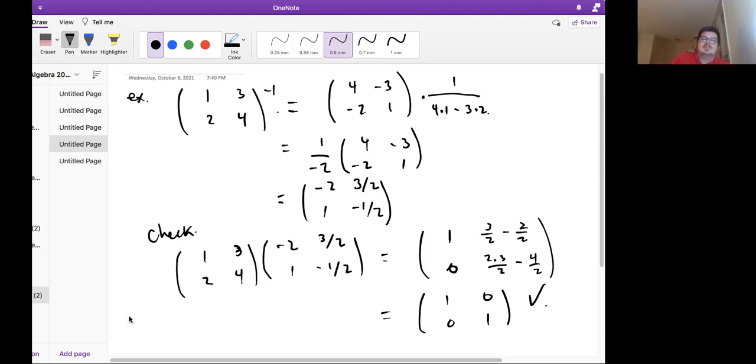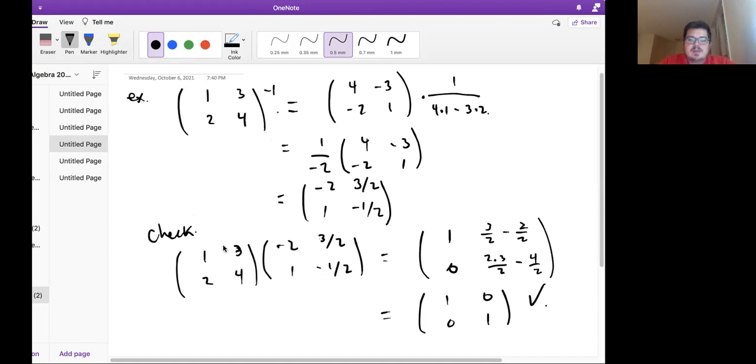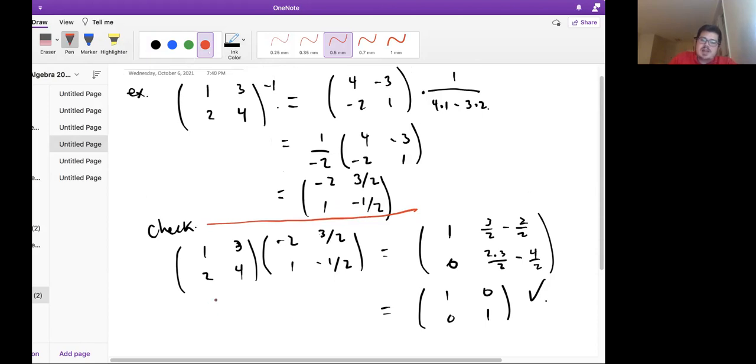Okay, let's do another one. Oh, can you go over the last part? Okay, so I'm multiplying. This was the original A, and this was the inverse that we calculated.